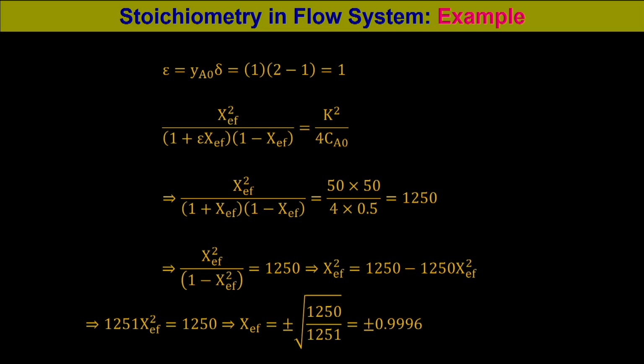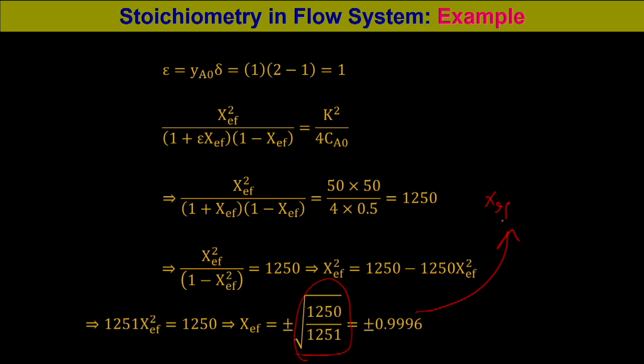Now, if we rearrange, we can get 1251 Xef square equal to 1250, and from here Xef would be plus or minus the root of 1250 divided by 1251. If we take the square root of this, it would be plus or minus 0.9996.